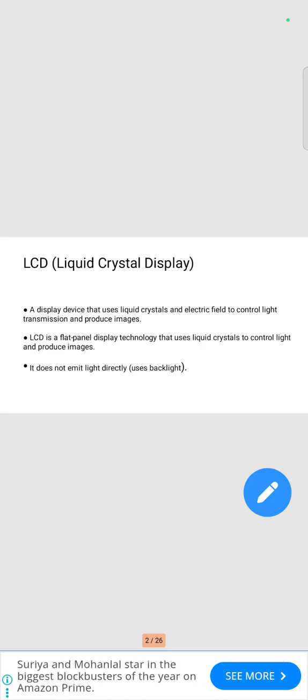In between that, we can say it is the intermediate state, which is liquid crystal. Okay, so this is the basic about liquid crystal display. So we all know now what is display, what is liquid, and what is liquid crystal, right? Once again, display is the things we see on the board.